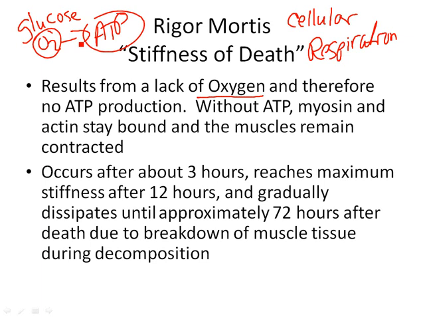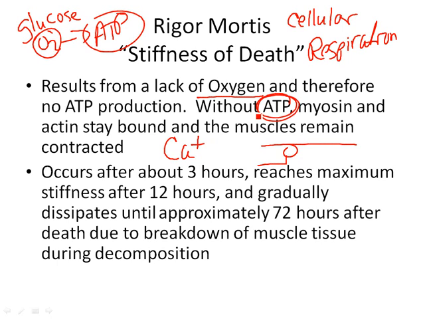Okay. So remember when actin and myosin bind, what do you have to have to break that bond? ATP, right? And those are going to stay bound as long as calcium is around as well. What do you have to have to pump calcium out? ATP.